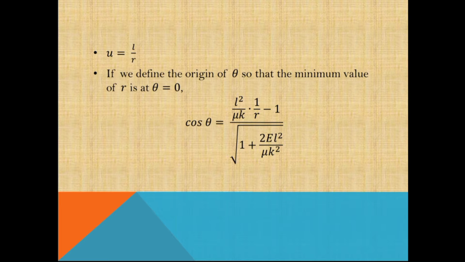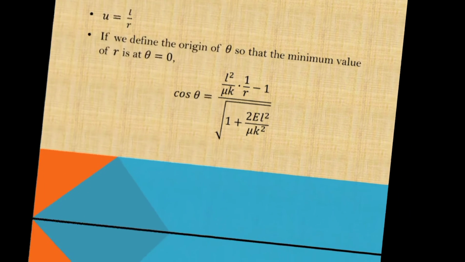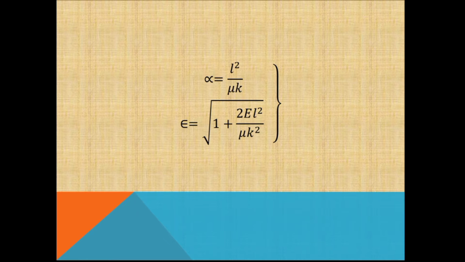If we define the origin of theta so that the minimum value of r is at theta equals 0, we will find that cosine theta is equal to (L²/(μk) · 1/r − 1) divided by the square root of 1 + 2EL²/(μk²). Let alpha equal L² over μk.